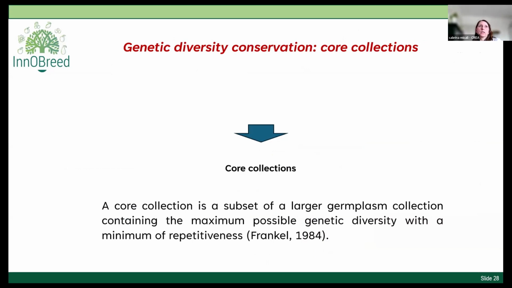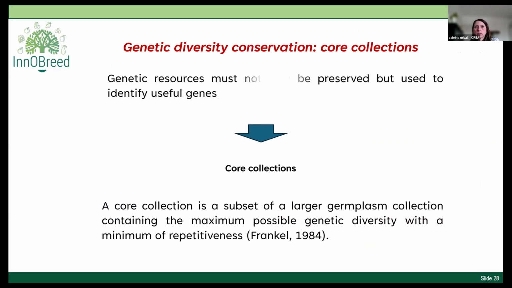With the same set of accessions and markers, we decided at the end of the project, the Rubritomic project, to develop a core collection in peach, with the aim to exploit the diversity of the peach germplasm.